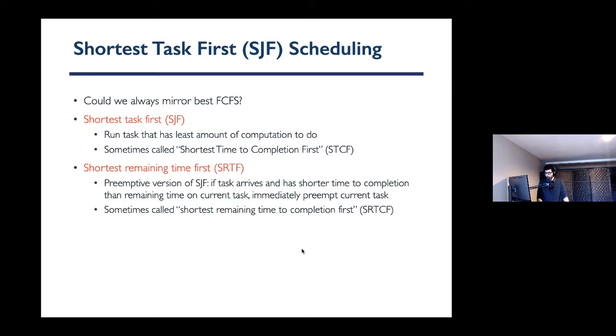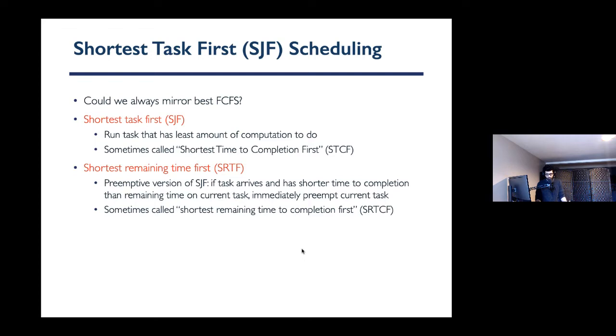There is a variant to this called shortest remaining time first. Shortest task first is the version that is not preemptible. So you start running the shortest task, and once that's done, you go to the next shortest task in your queue.